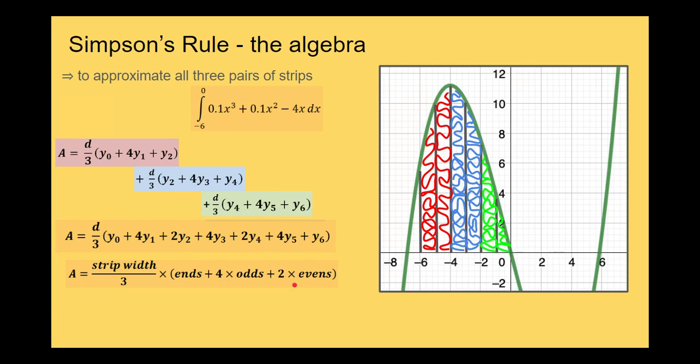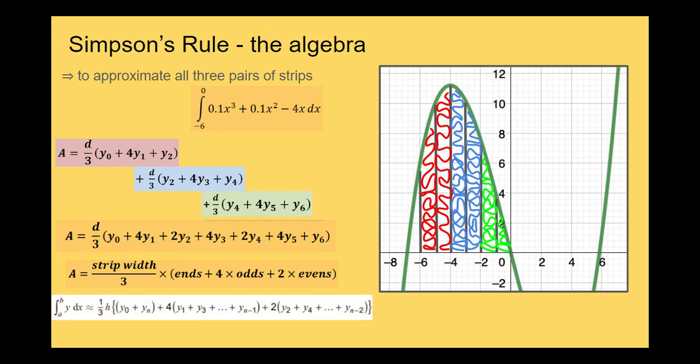Note that this only works for an even number of strips. When we're dividing up the area, it's got to be even. They come in pairs. If you're in your exam and you're asked to use Simpson's rule and then decide to divide it into, say, 5 strips, an odd number of strips, I'm afraid you're going to be losing marks straight away.